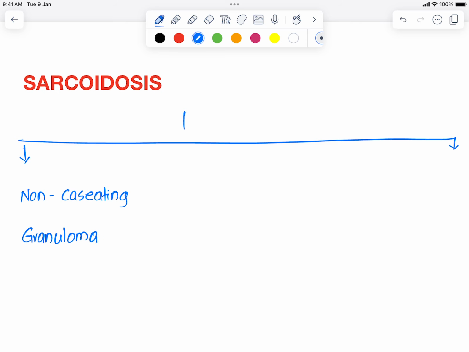This non-caseating granuloma formation occurs primarily in the lungs as well as other tissues.